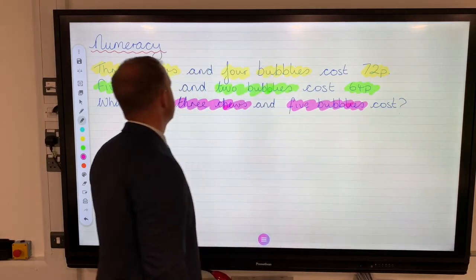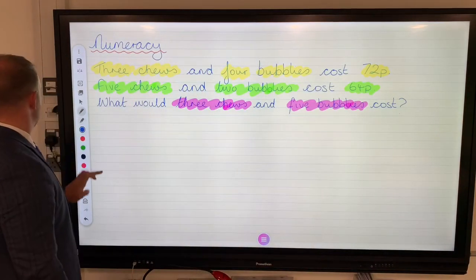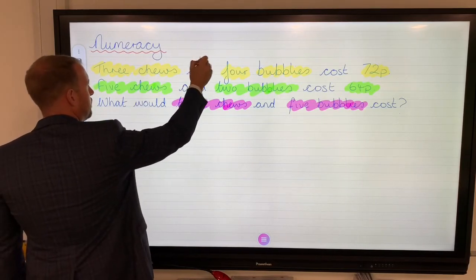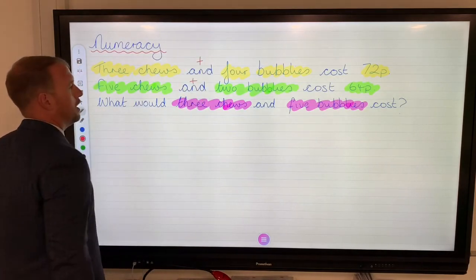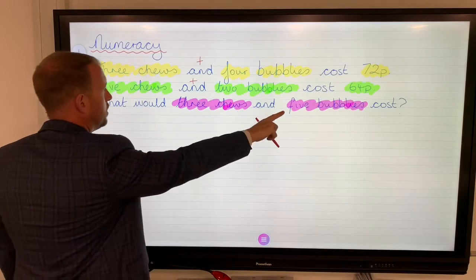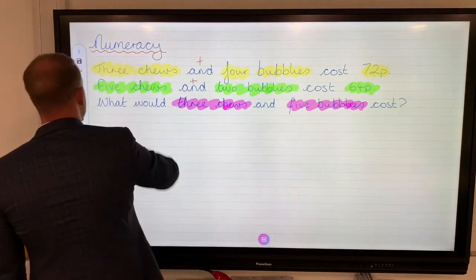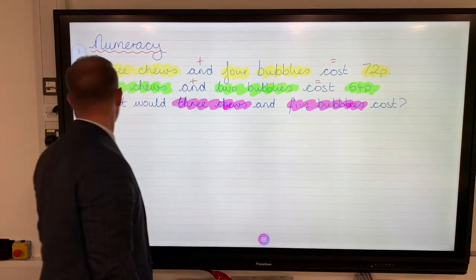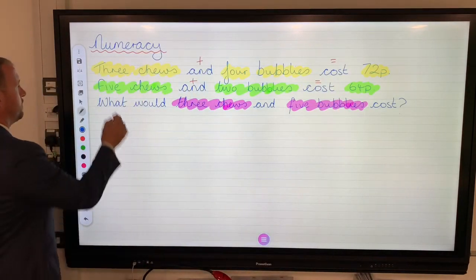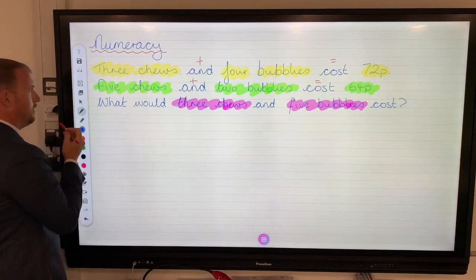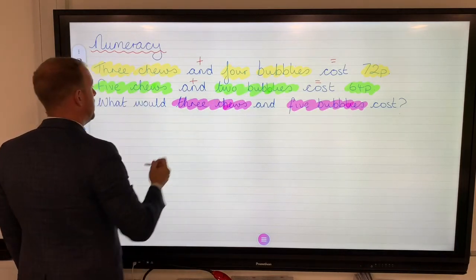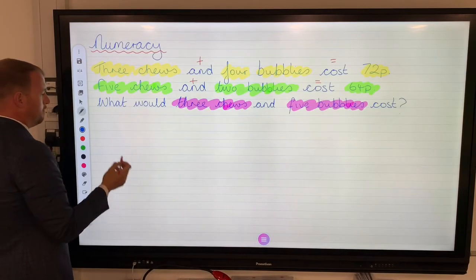Right. Okay, keywords then. I've got a lovely keyword here, and. Think of operations, and would obviously be a plus. Cost. That's the cost of these together, so therefore that would be an equals sign. So let's make this look like an algebra equation. I've got 3 chews, and a letter we could use is C, or B, or we could use x and y, because that's what we used before.